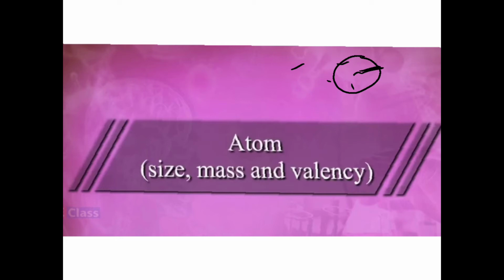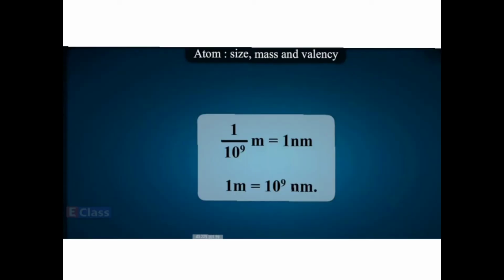So, we need to have very small units, right? Our meter, centimeter, millimeter will not work. For the atom, those units are like a very big, giant elephant. So we need to have small units. What we are going to do is divide a meter into 10 raised to 9 parts.